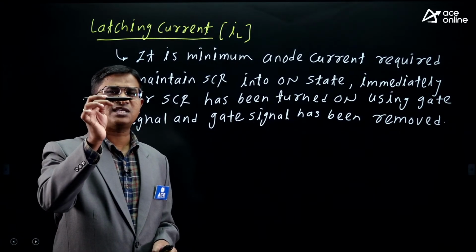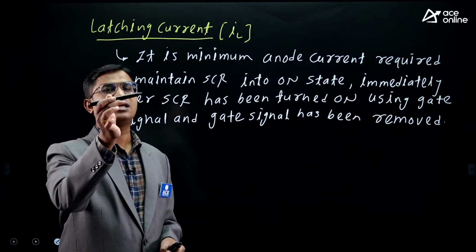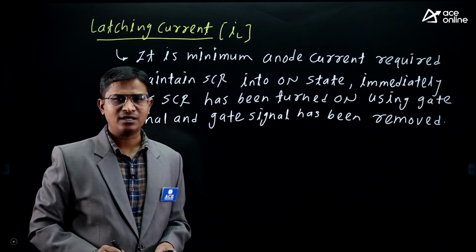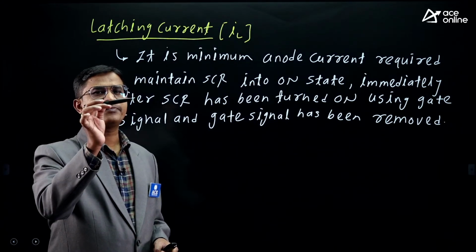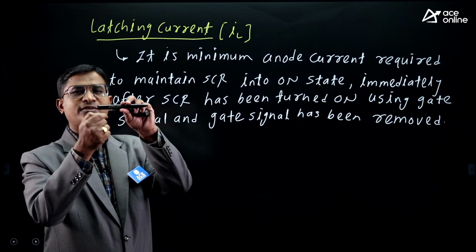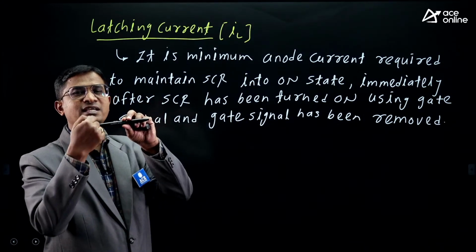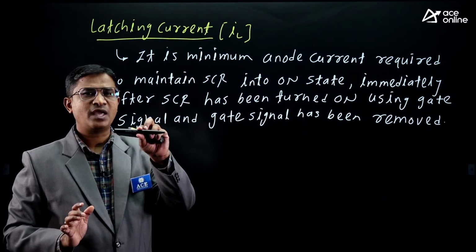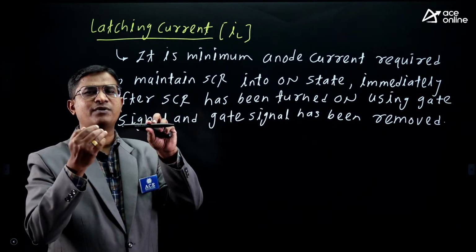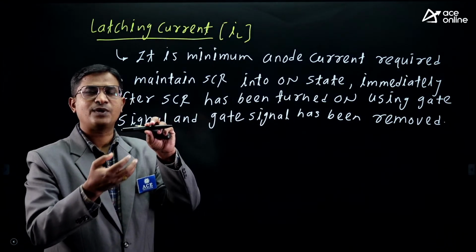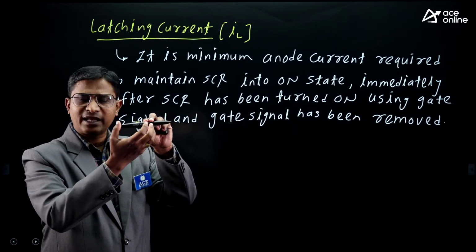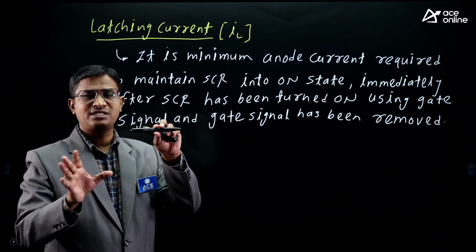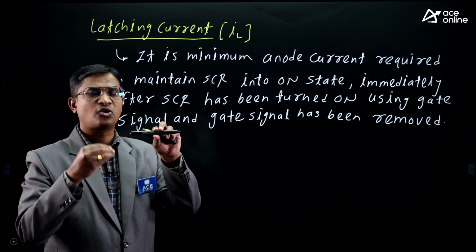Now I am turning it on by circulating the gate current in the gate-cathode circuit of the SCR, and now my SCR has turned on. As we know, SCR is a semi-controlled, latching device. Once my SCR turns on, I can remove the gate signal. Once SCR turns on, the gate signal loses control over it.